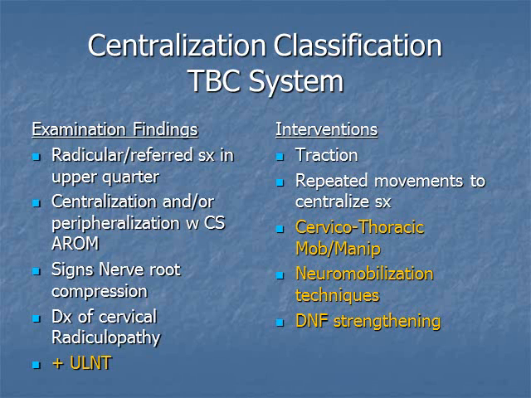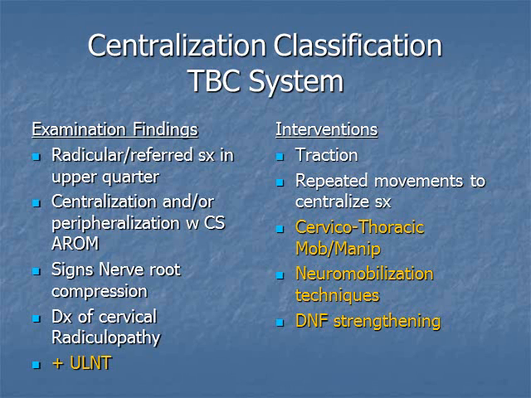Signs of nerve root compression, such as a positive Spurling's test, changes in myotomal strength, reflex changes. They come in with a diagnosis of cervical radiculopathy. And also added here was they might present with a positive upper limb neurodynamic test.